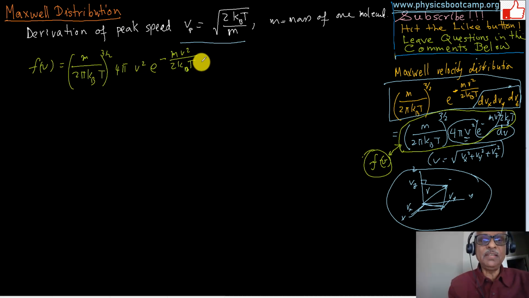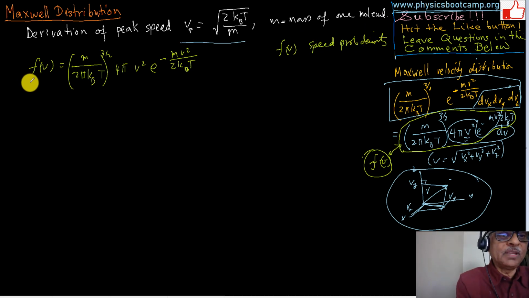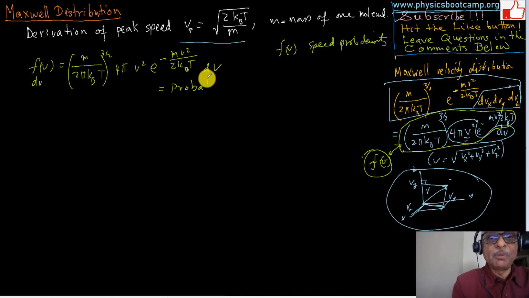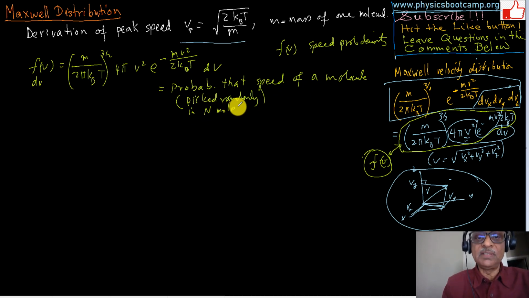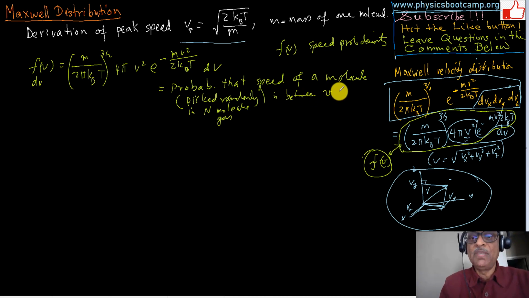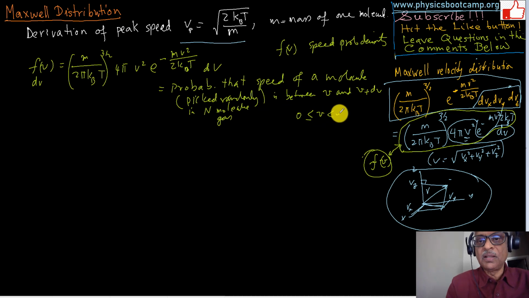It is a probability density. So fv is the speed probability density, and if I multiply by dv, fv dv is the probability that the speed of a molecule picked randomly in a gas of n molecules is between v and v plus dv, and v is going to be between 0 and infinity.